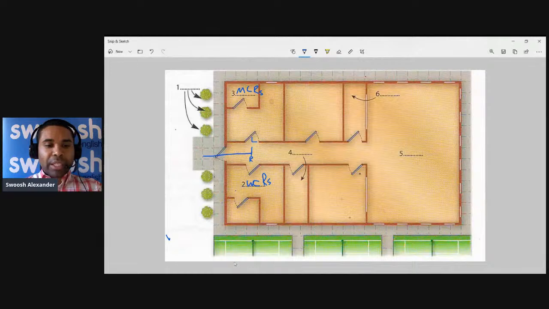So if we go back to the description, that's what it says, isn't it? Walking further along the corridor, you can see our equipment room. So walking further along the corridor, the equipment room.